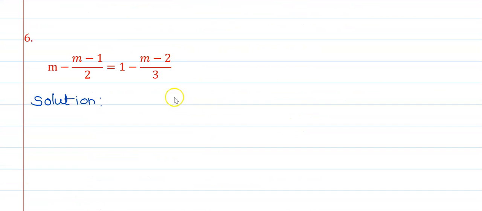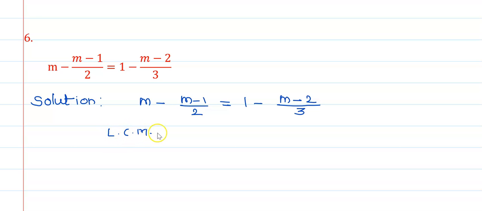Now the next example: (m minus 1) upon 2 is equal to 1 minus (m minus 2) upon 3. Now here again the LCM of 2 and 3 is 6.